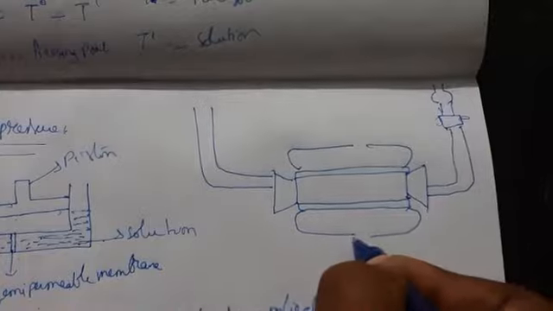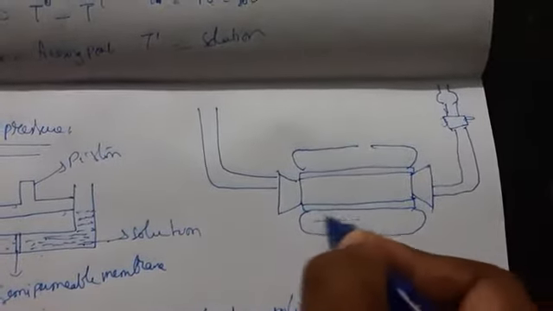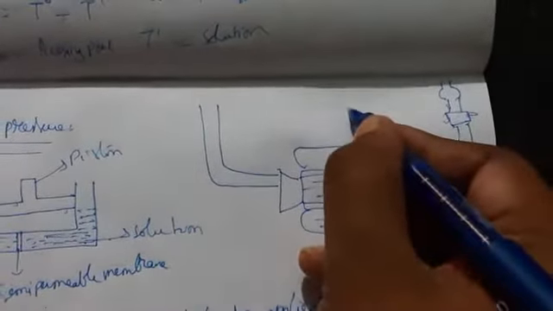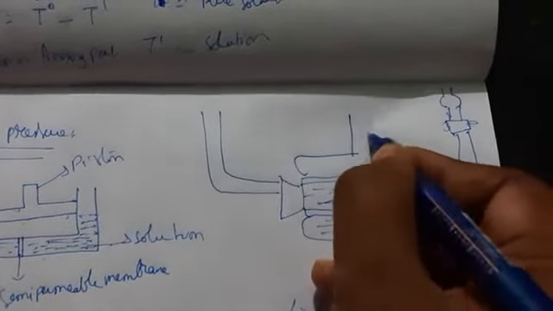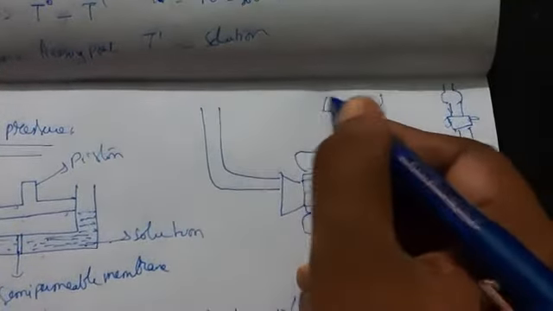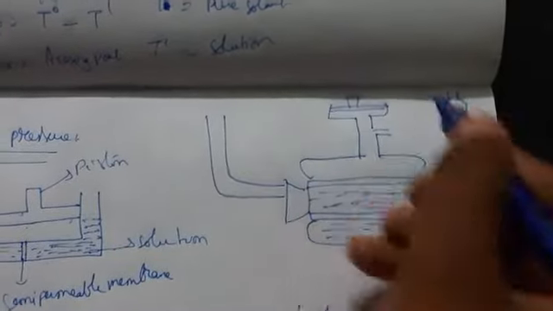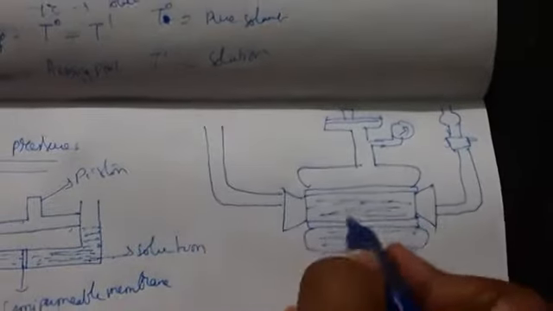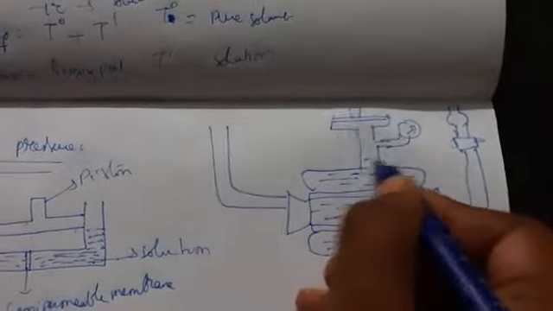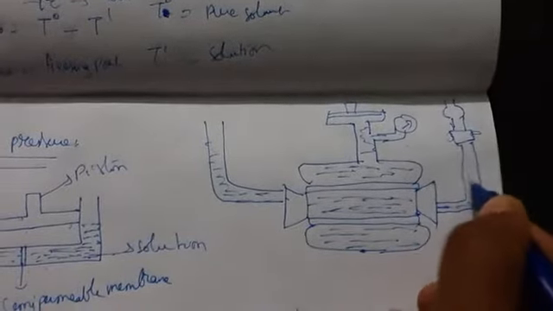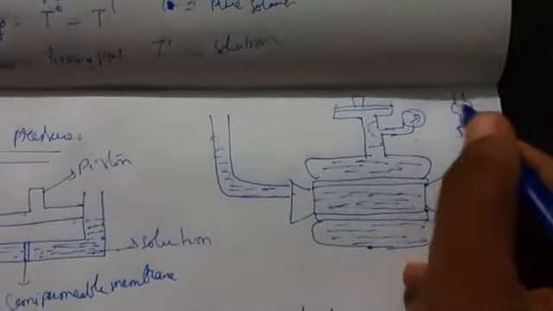So this is the diagram, Berkeley and Hartley method. Now let us see here.